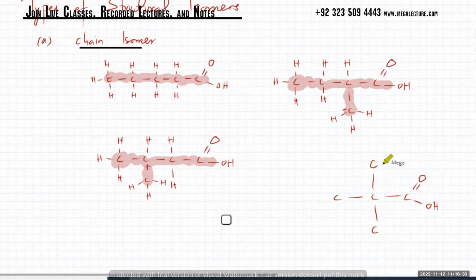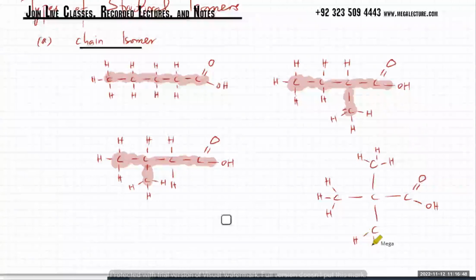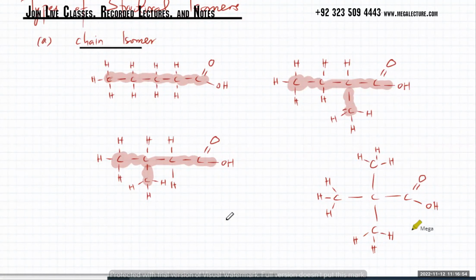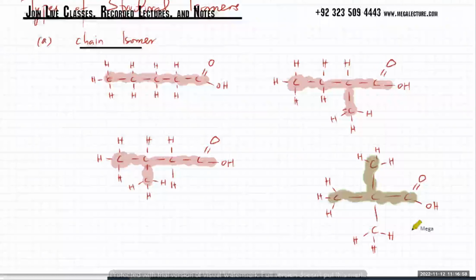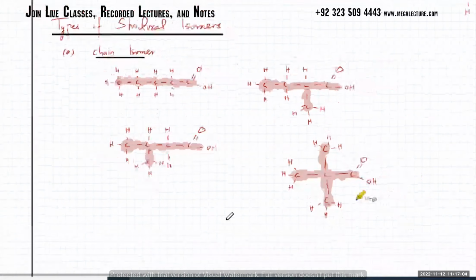And there's going to be 3 H's with this one and 3 H's with this one. So basically, again, you've got a total of 5 carbon atoms. But again, the arrangement of the carbon atoms is different. Okay. So you clear? What's a chain isomer? Is this clear?